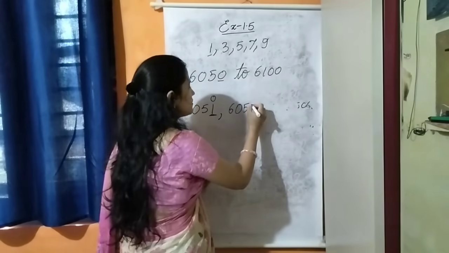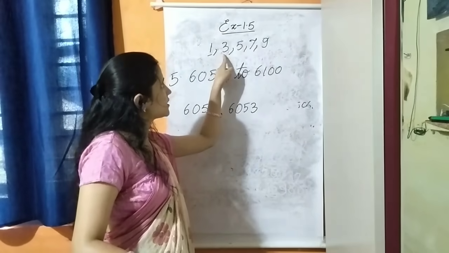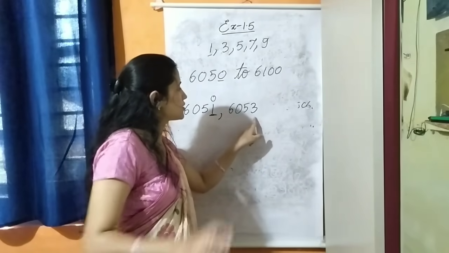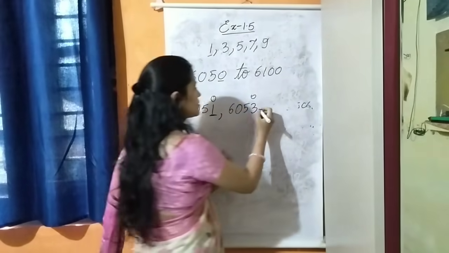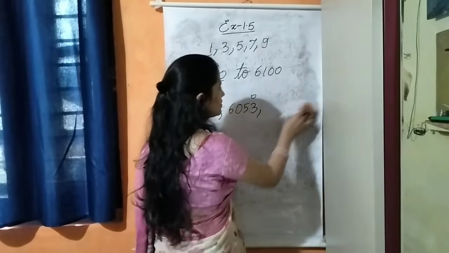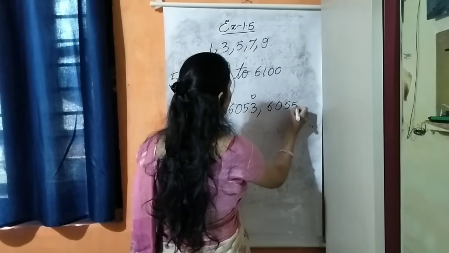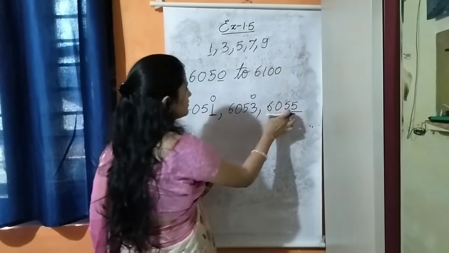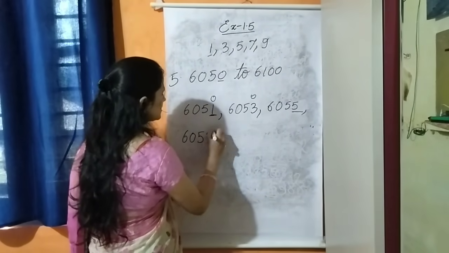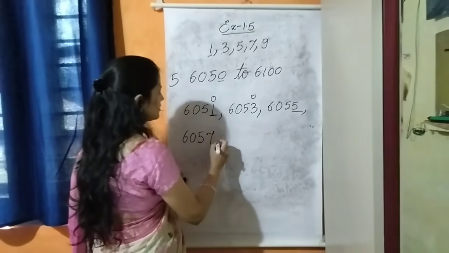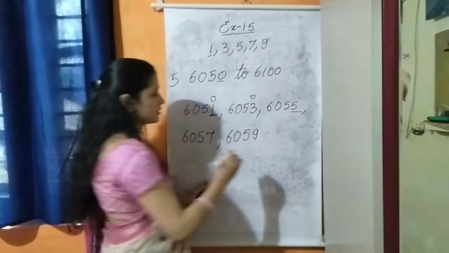So next number will be 6,053. Okay, and 3 at ones place means that number is odd. So next we will write 6,055. At ones place we have 5. Okay, then 6,057. Next we got 7. 6,059.